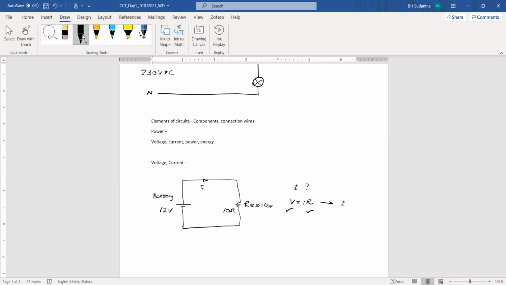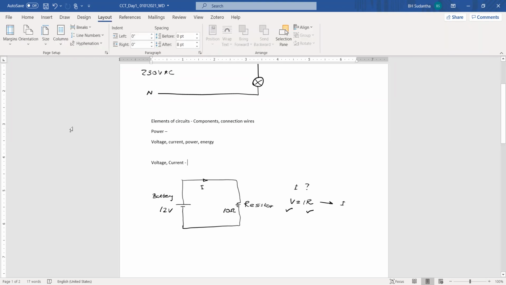The real components are there in the real circuits. But in this type of circuits, we have to have a drawing. When you draw a circuit, to represent those components, we need some kind of circuit symbols. Okay. Then when you have these components, for these components we need circuit symbols.